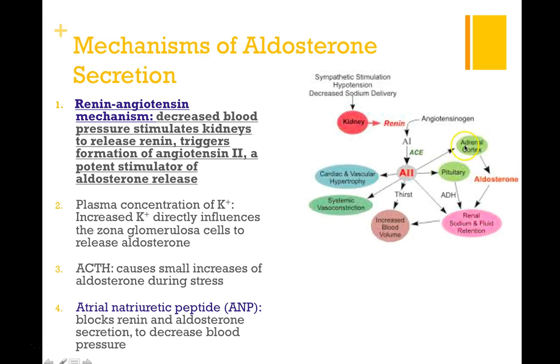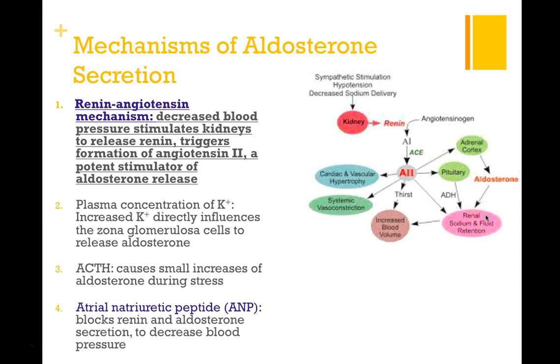The kidneys are going to secrete renin, which will trigger the formation of angiotensin II, and it does this by taking angiotensinogen, converting it to angiotensin I, gaining ACE, the angiotensin converting enzyme from the respiratory system, over to the angiotensin II molecule.